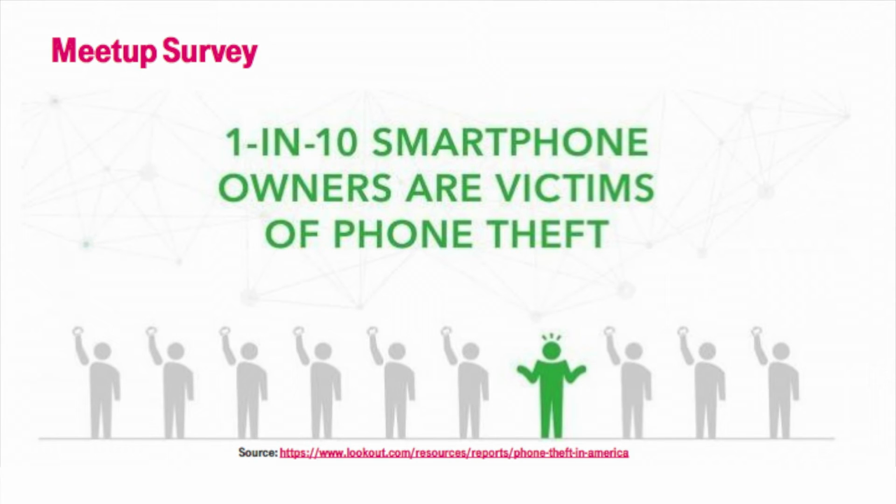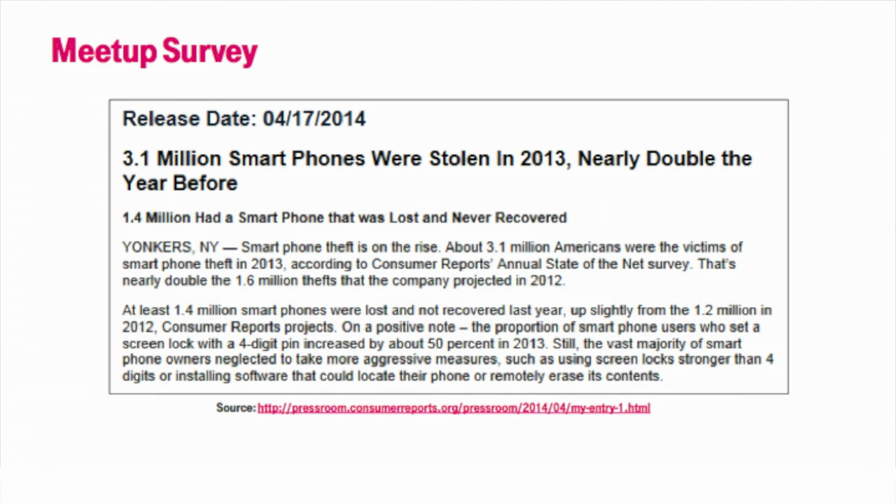It is a mobile endpoint security solution. They've stated that 1 out of 10 smartphone users are victims of phone theft. We had 4 individuals total, which pretty much equates to about 10%, so that's pretty spot on, at least for having phones stolen. A lot more people lose their phone, especially me.